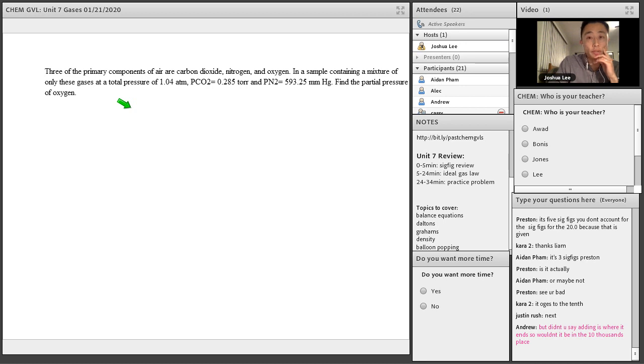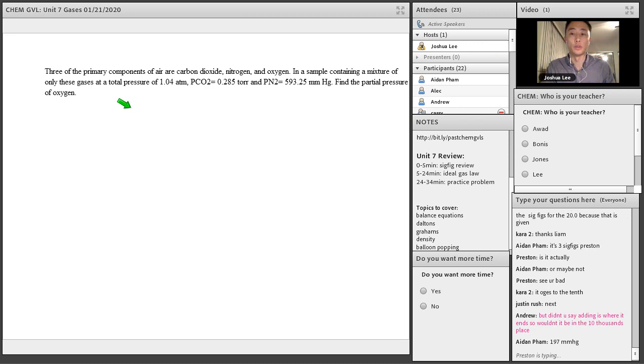I think it's unit 5. So if you want to practice, yeah, unit 5. There's a GVL if you want to focus on balancing equations. That's the one you'd want to go back to.